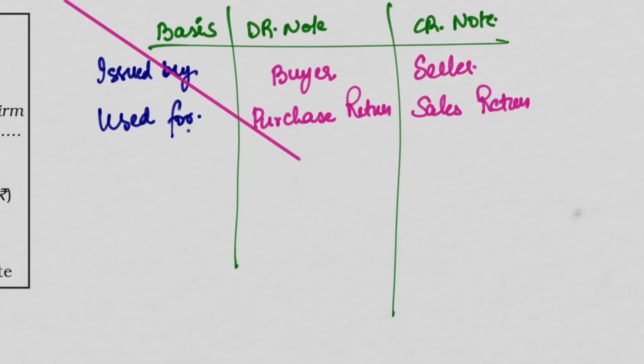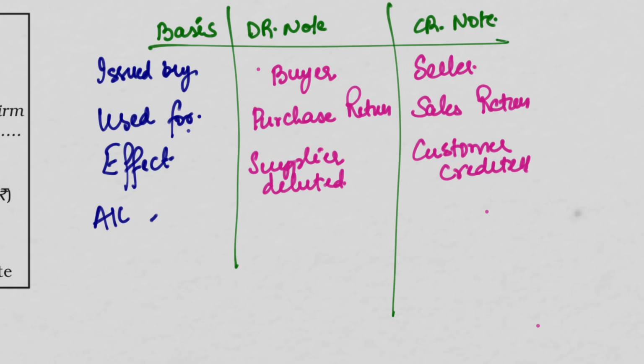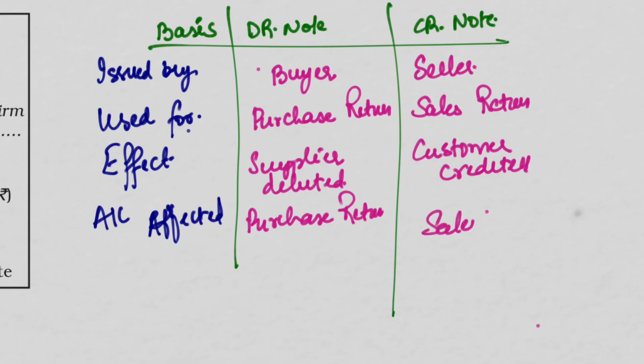Okay, let us see the effect. In a debit note the supplier is debited, whereas in a credit note the customer is credited. Then we have the accounts affected: purchase return, whereas in this we have the sales return.